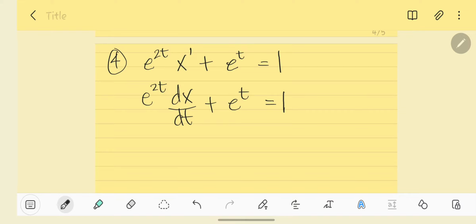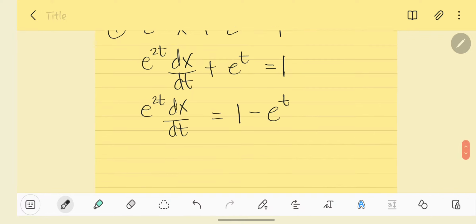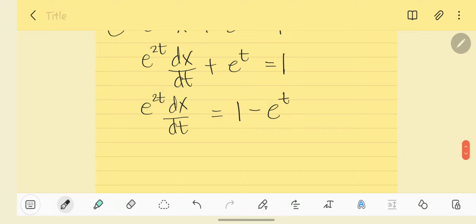After some manipulation, the equation becomes e to the 2t dx over dt is equal to 1 minus e to the t. This is step 1.